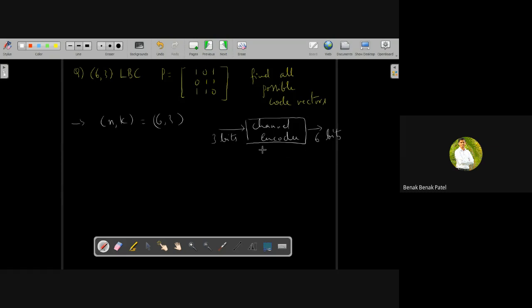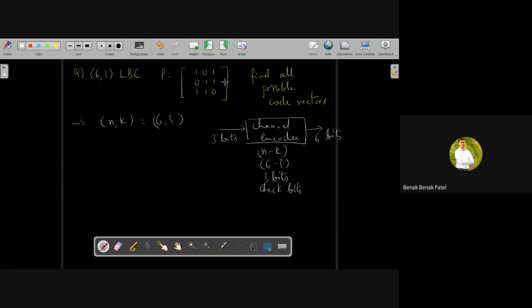Or in other words, how many check bits are getting added? The check bit size is always n minus k. If I subtract 3 from 6, 3 check bits are getting added onto the message. This is the very first information I'm able to draw out of this.